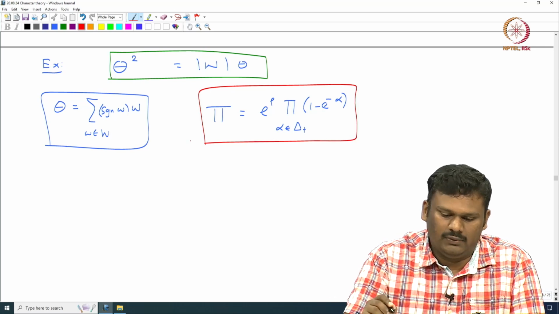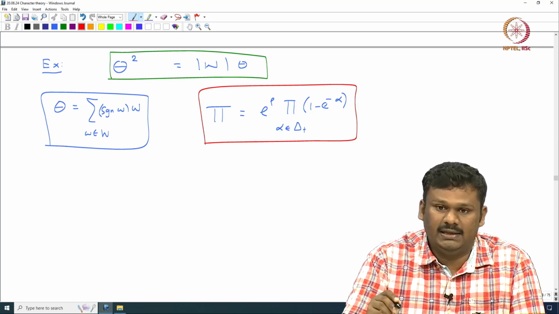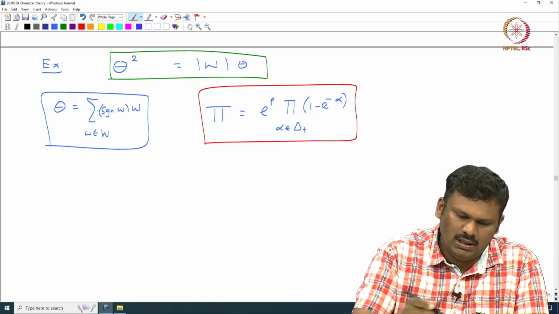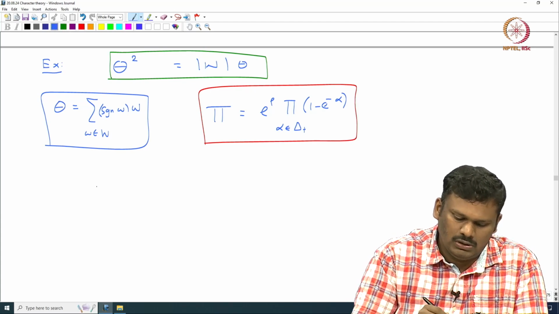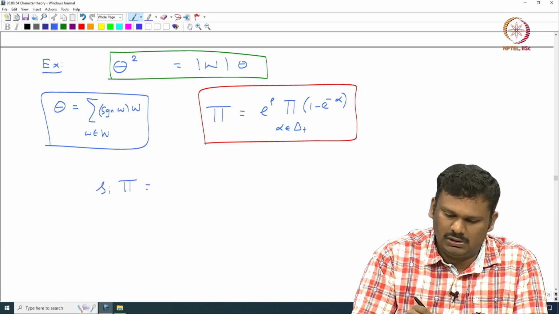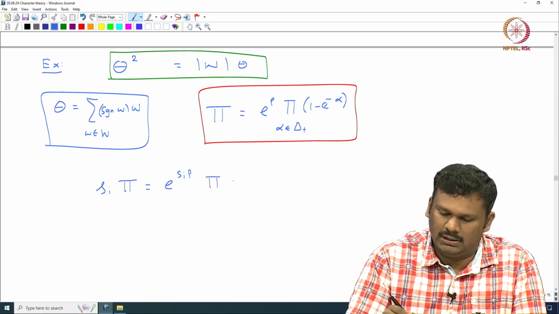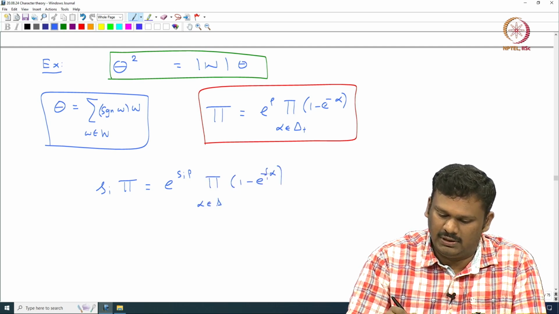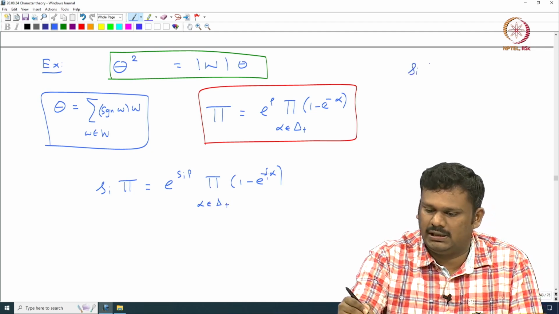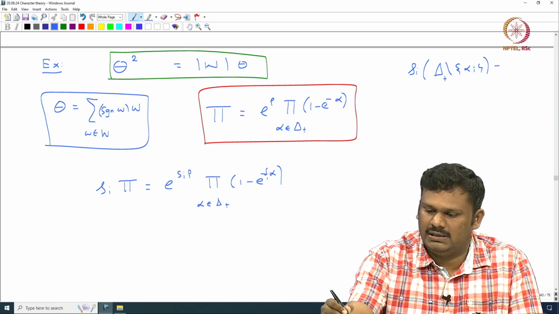Now what I want to do is apply S_i and see what happens. If I apply S_i, then S_i of pi is going to be e power S_i rho times the product of 1 minus e power minus S_i alpha, alpha in delta plus. But note that S_i of delta plus minus alpha_i is the same as delta plus minus alpha_i.